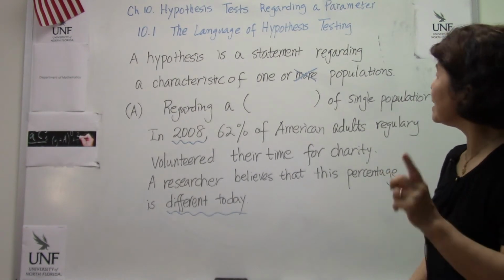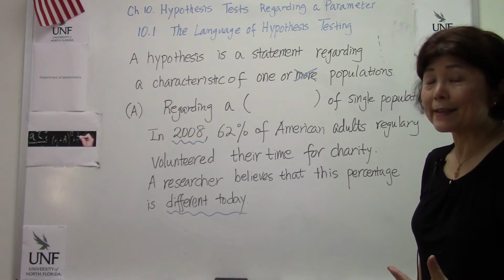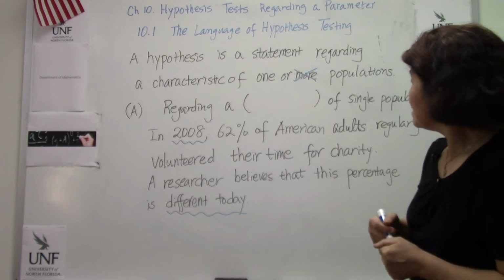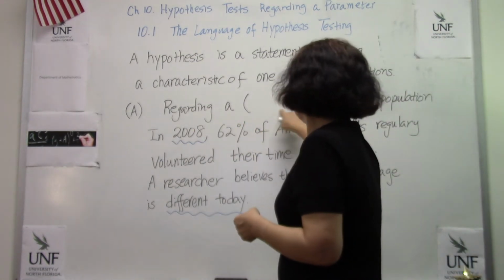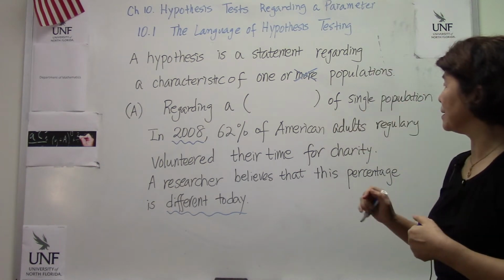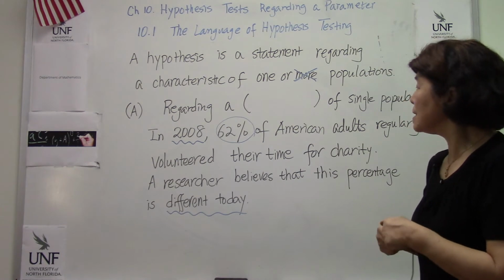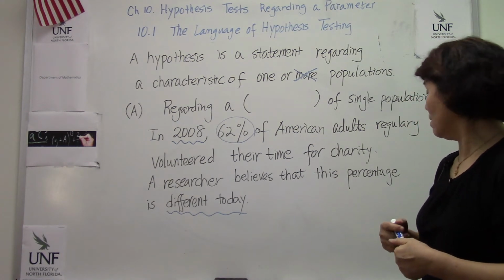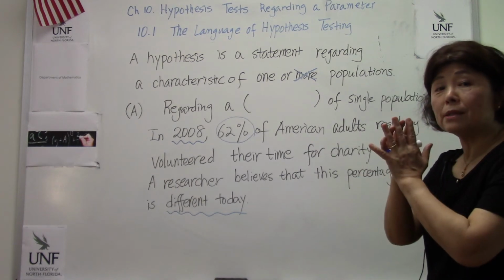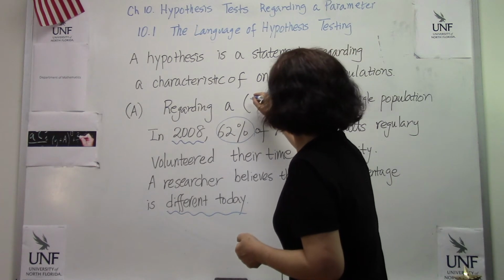So that is one type of hypothesis testing, and there are 3 types. This is the first type. So we want to fill in the blank regarding what? Of a single population. Well, the main number we look at here is 62% of American adults. So this is about what? Population proportion. So regarding a population proportion.